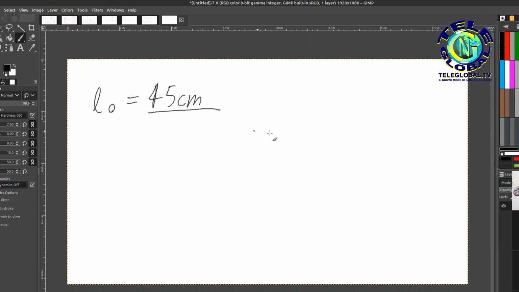Now, by definition, a centimeter is a part of a meter, specifically such that 1 meter is 100 centimeters. Or conversely, 100 centimeters make 1 meter. Okay?